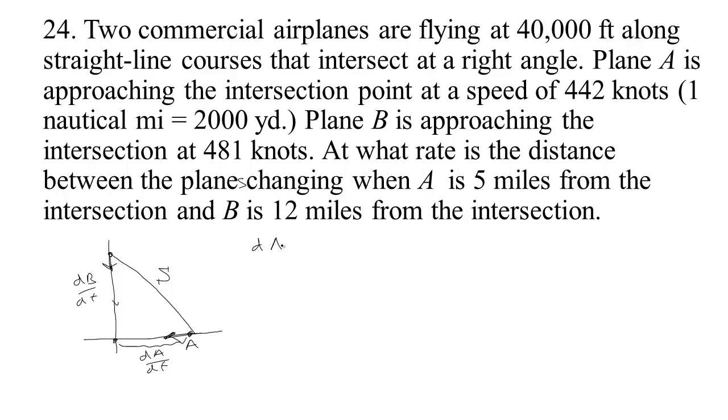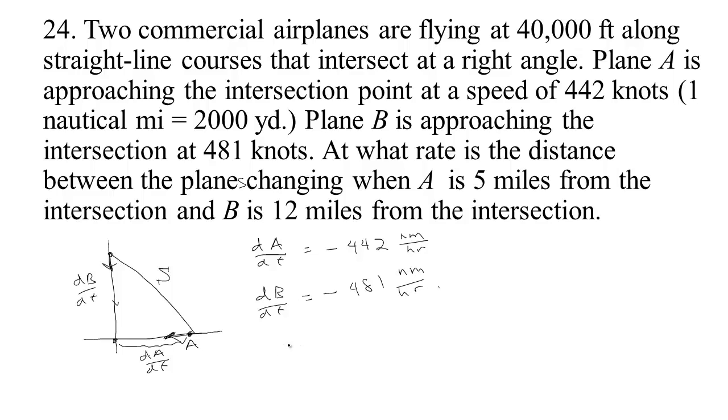We're actually told that dA/dt, the rate at which this distance is decreasing, is negative 442 knots. So 442, we'll call them nautical miles per hour. That's a knot. Okay, and dB/dt, its distance to the intersection point, is also decreasing at a rate of 481 knots.